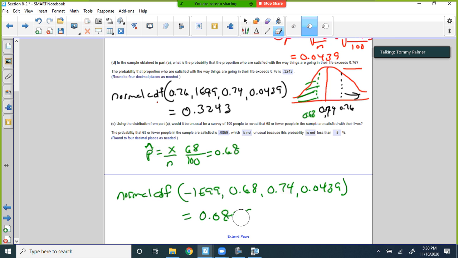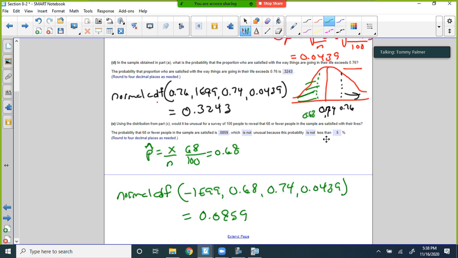I write that a little bit neater. Is it unusual? No, 0.0859 is greater than what? 5%. So it's not unusual, right? Which is not unusual because the probability is not less than what? 5%.